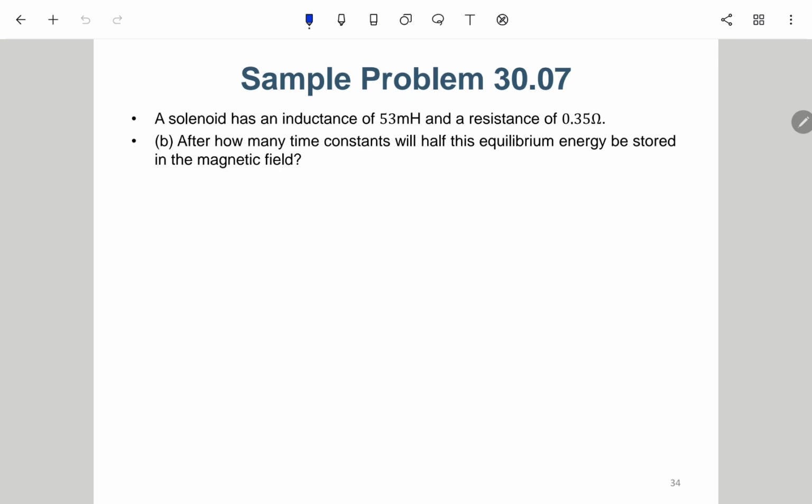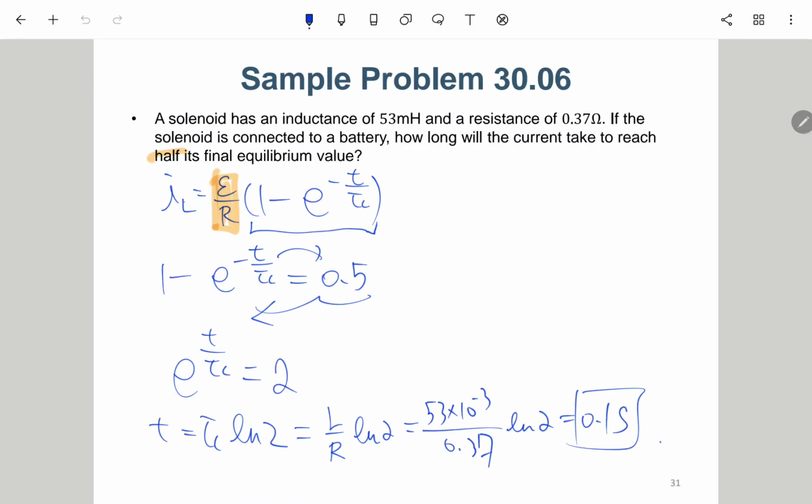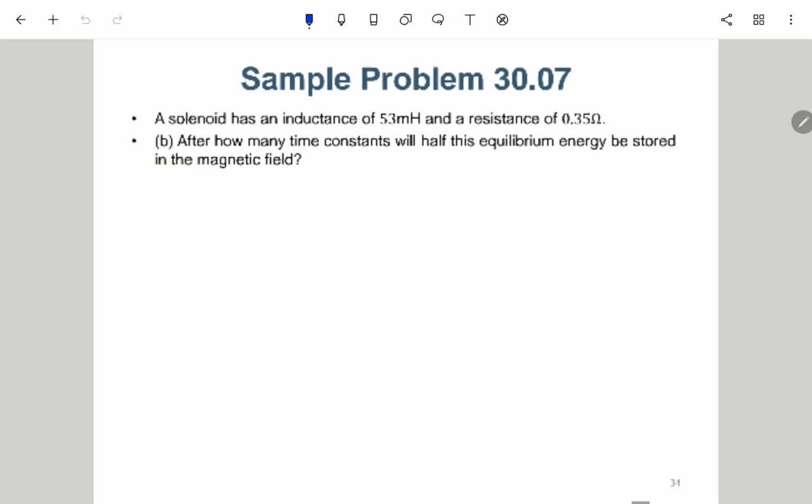Okay, for part B, after how many time constant will half of this equilibrium energy be stored in the B field? Okay, so this is a little bit different from this one. So this is half of its current, this is half of the energy. They are different here because the energy is proportional to the square of the current. So the condition of these two questions are not the same.